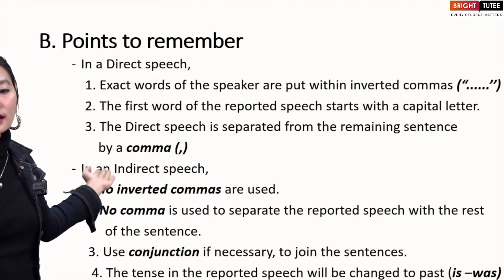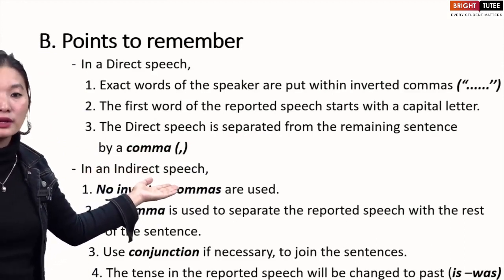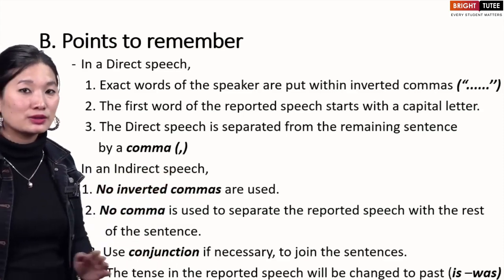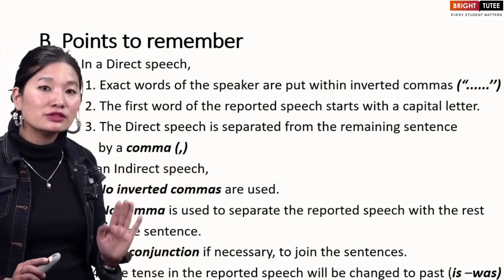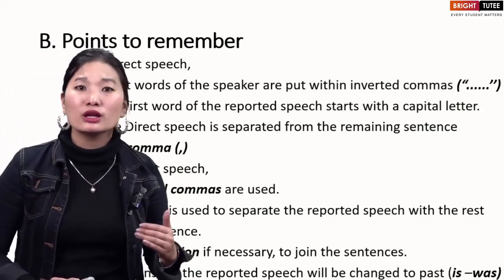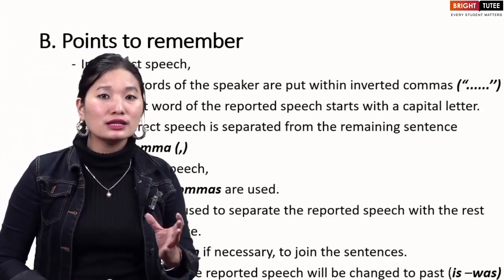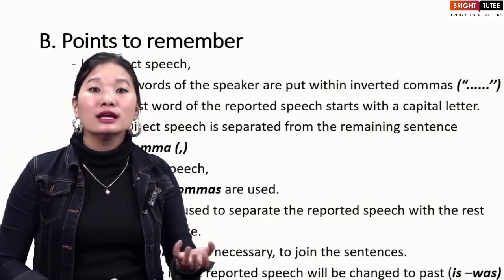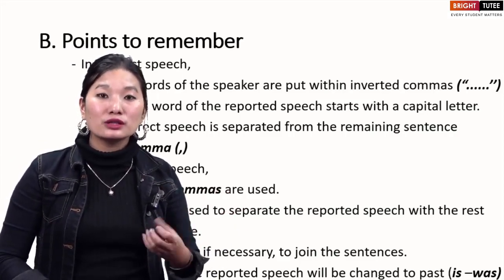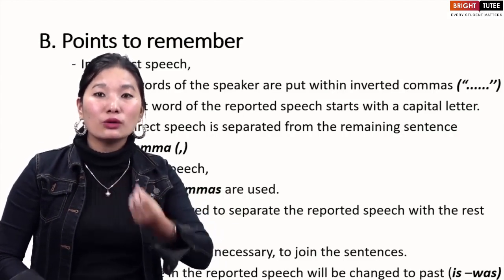And then in an indirect speech, no inverted commas are used. Yes, there will be no inverted commas, because inverted commas are required only when you are quoting the exact words of someone, and in an indirect speech, we are not quoting the exact words, but we are putting in our own words.